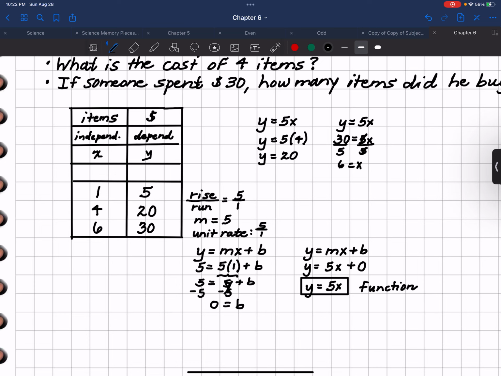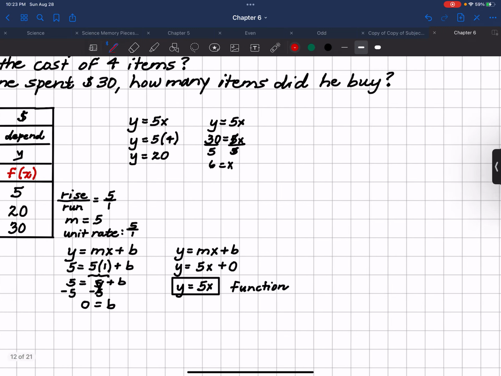This is what we did in Chapter 5. Nothing's different here. Now, I'm about to give you function notation, but it's okay. It won't matter. This is the same concept that you did in Chapter 5. It's just in this chapter, we're using an x and an f of x.